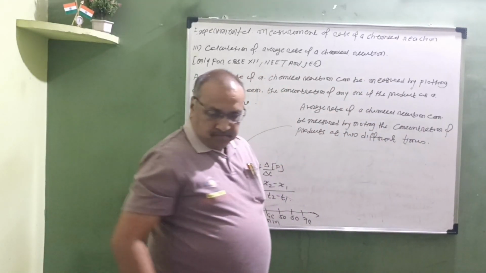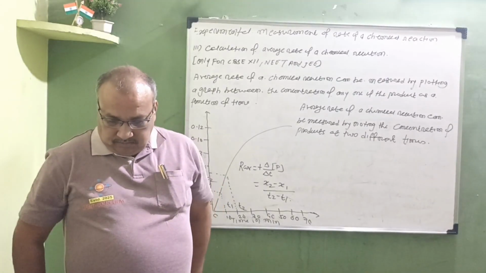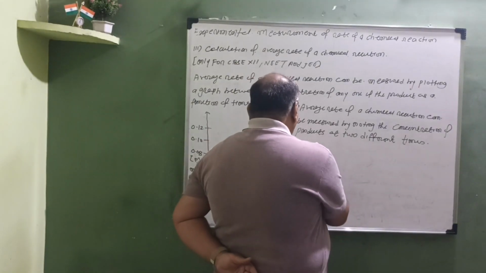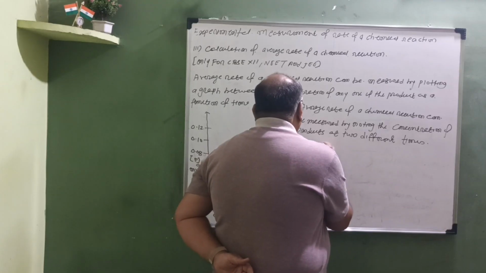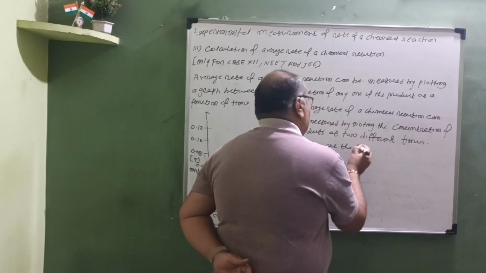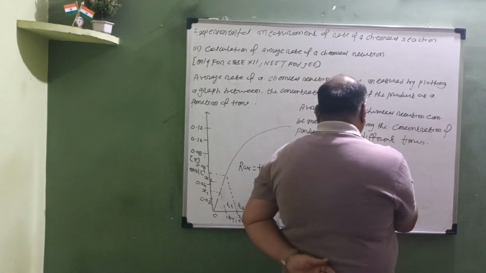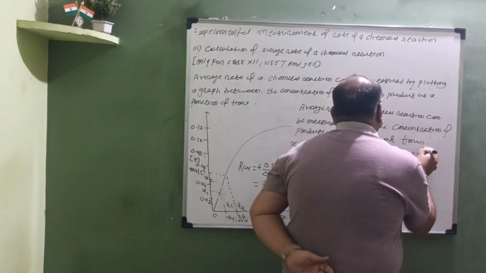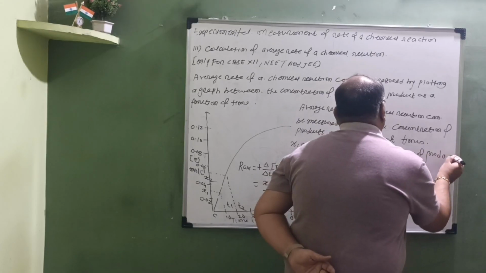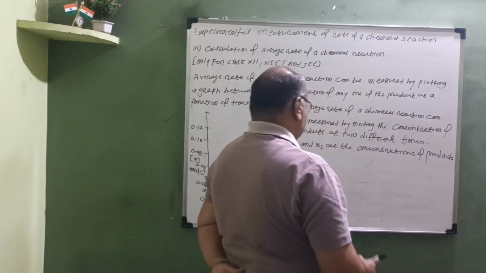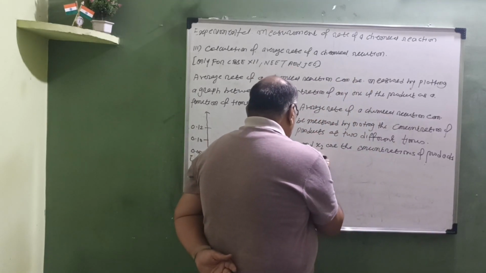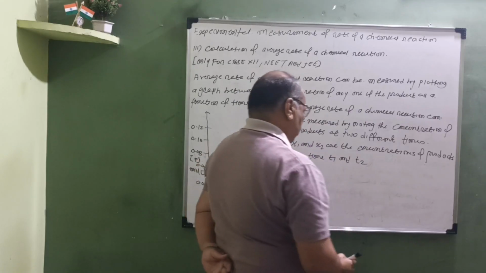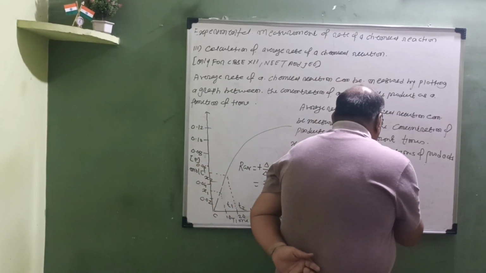Suppose here x1 and x2 are the concentration of product at time t1 and t2 respectively.